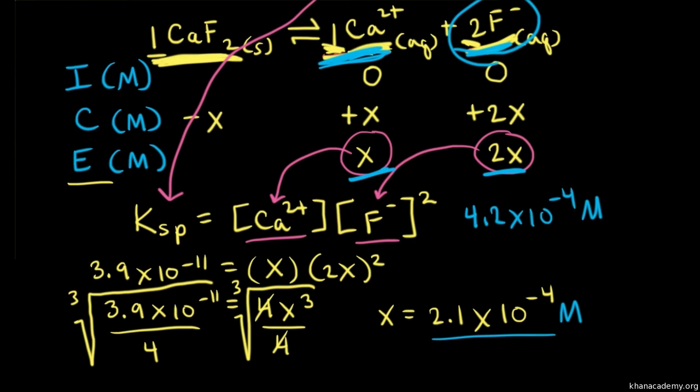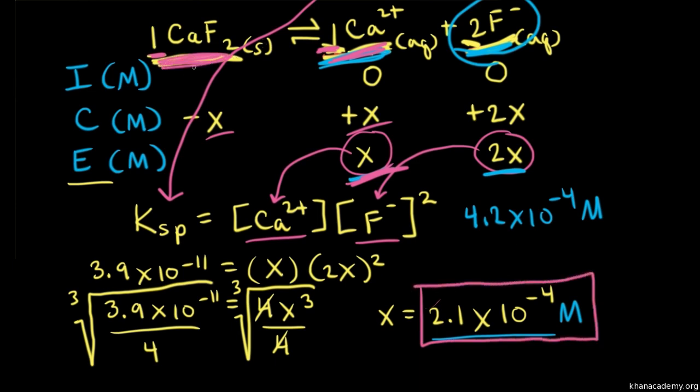And molar solubility refers to the concentration of our salt that dissolved to form a saturated solution at equilibrium. So if x refers to the concentration of calcium 2 plus ions at equilibrium, looking at our mole ratios, that's also the concentration of calcium fluoride that dissolved. Therefore, 2.1 times 10 to the negative 4th molar is also the molar solubility of calcium fluoride.